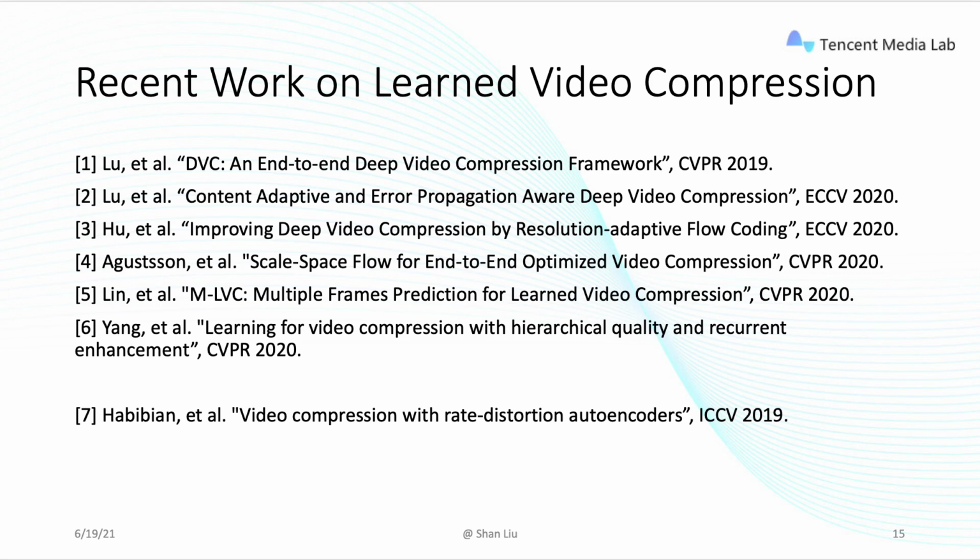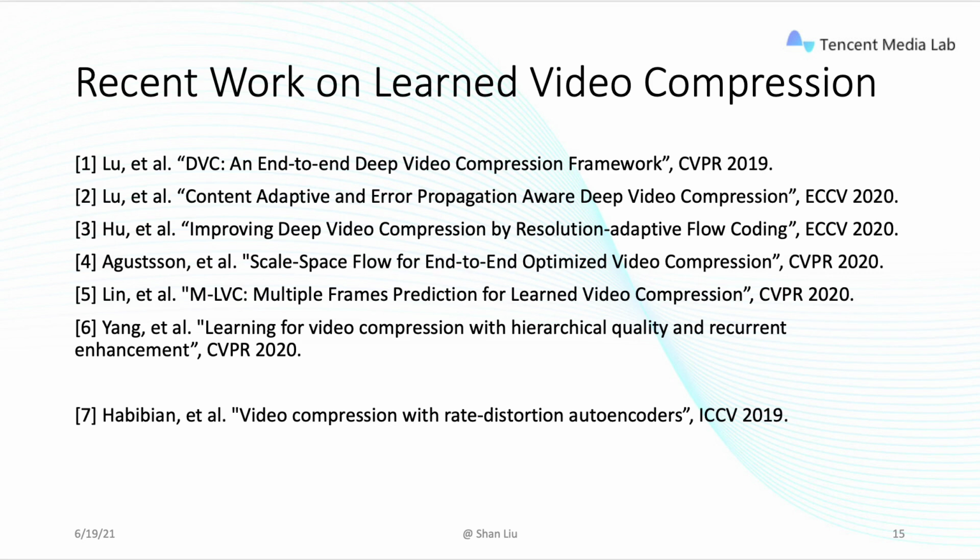A composition net or a refinement network or their variations are typically used to form a higher quality temporal predictor, and residue frames are generated by subtracting the predictors from the original frames and then compressed by learning-based image compression methods.